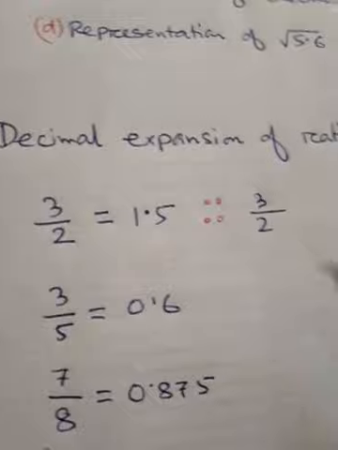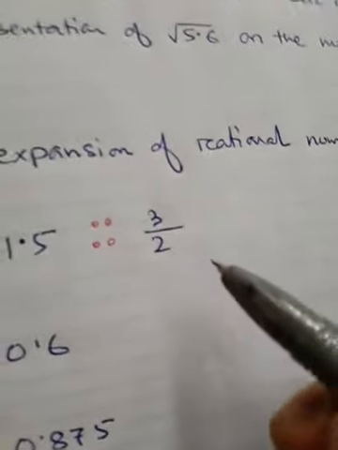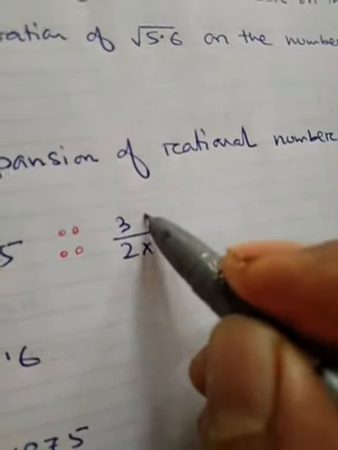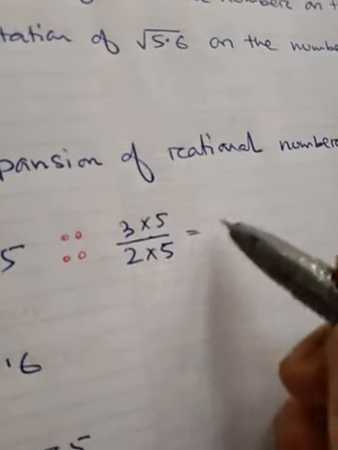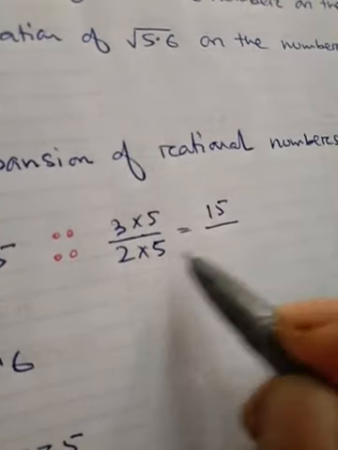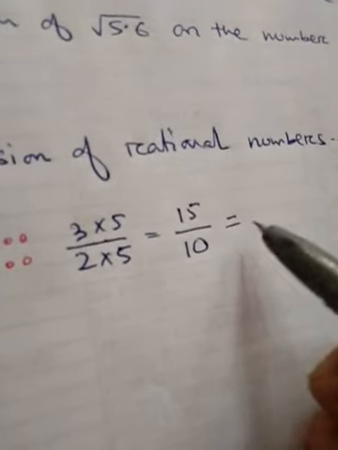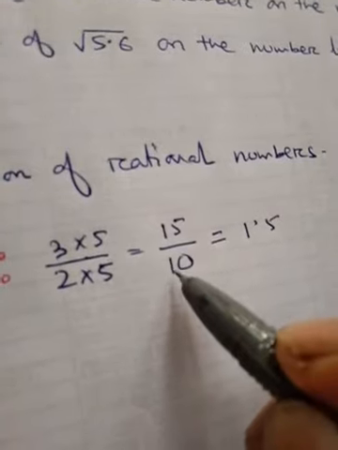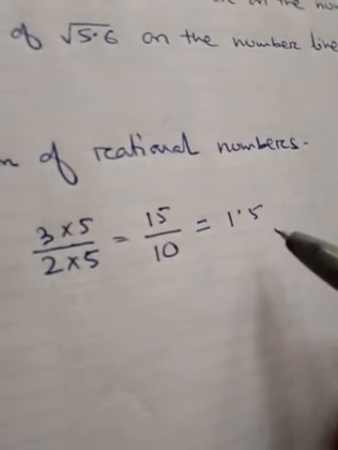So here we have only one 2. As many 2's as there are, we have to multiply by that many 5's in the numerator and denominator. So this will become 15 by 10, and now we can write it easily. It is 1.5, because below it is 10 and we have one 0, so it becomes 1.5.